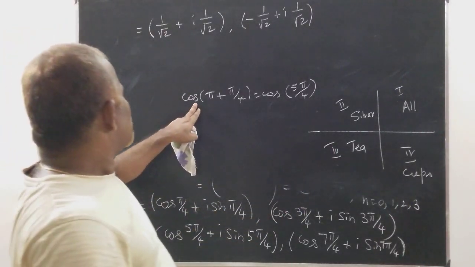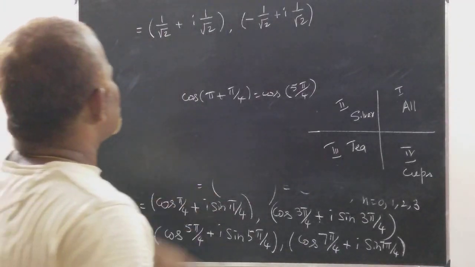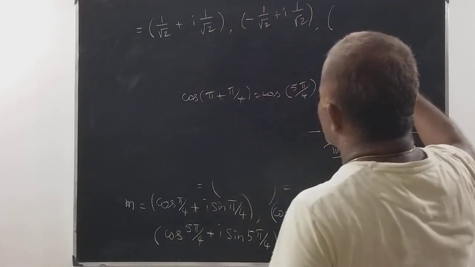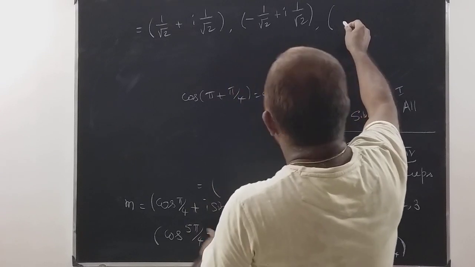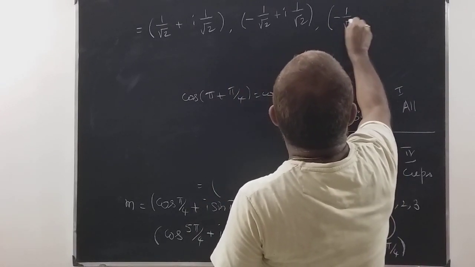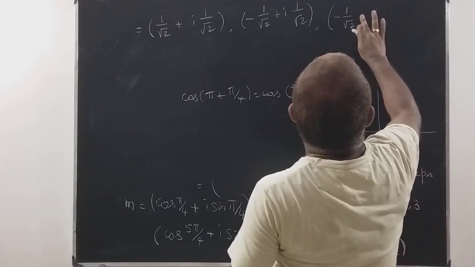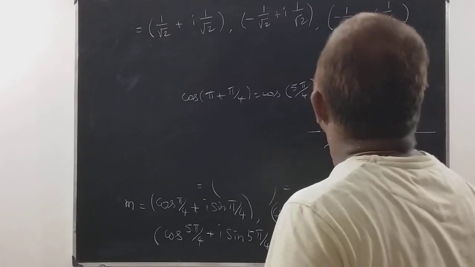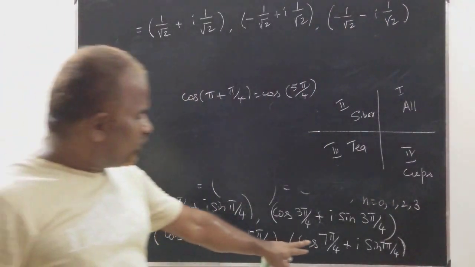So therefore again, this is pi by 4. So again both are negative, both are negative. So therefore minus 1 by root 2 plus i into minus i into again 1 by root 2. Then 2 pi minus pi by 4.